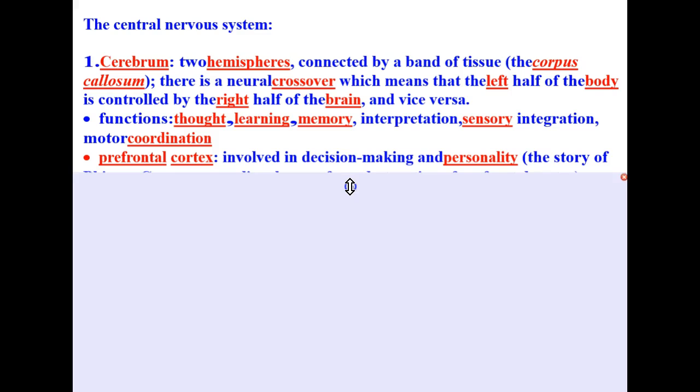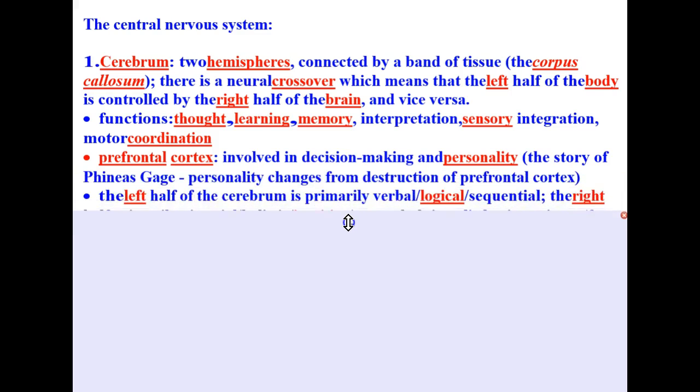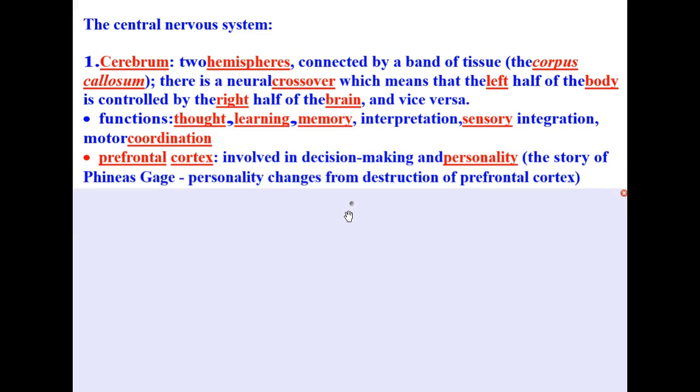The prefrontal cortex is involved in decision making and your personality. The first known example of damage to the prefrontal cortex was the story of Phineas Gage.